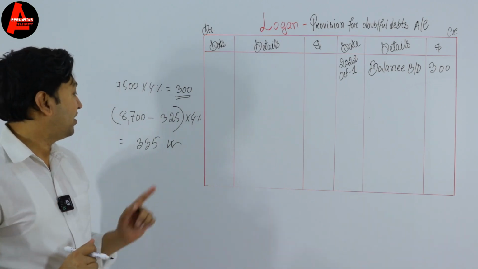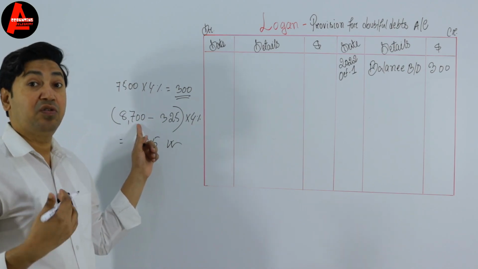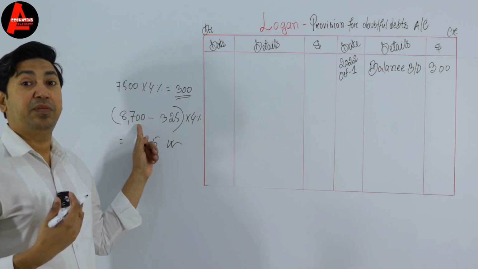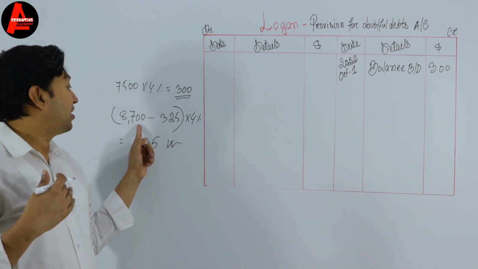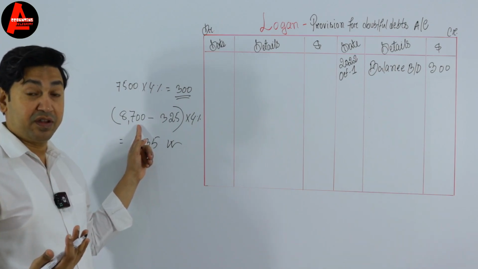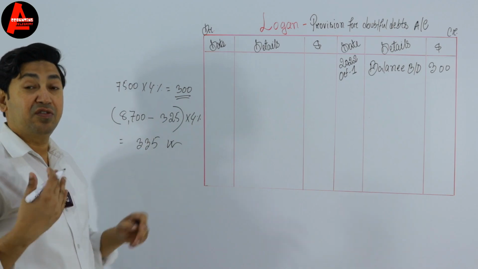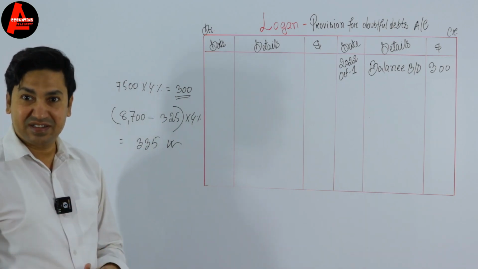Before that, this amount 8,700 is the closing balance of trade receivables. The provision for doubtful debts on the closing balance of trade receivables will also be the closing balance of provision for doubtful debts.